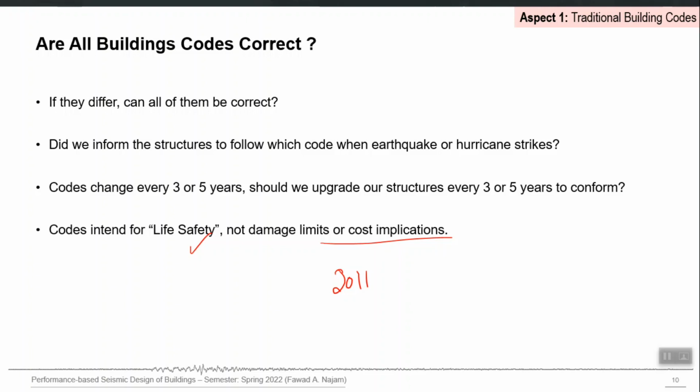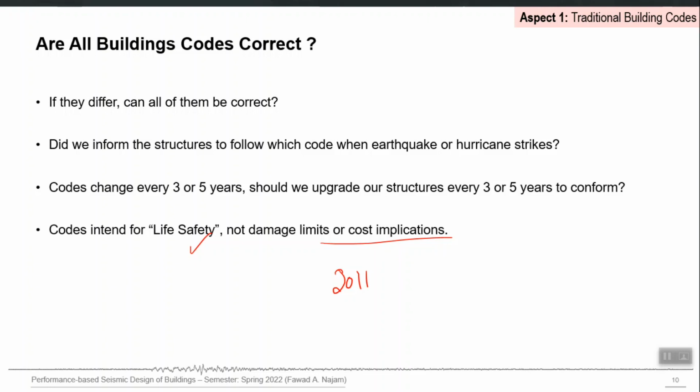And this was a classical example when people actually experienced that the intentions of building codes are not always what is required or desired. For example, if I am a real estate developer and I have many high-rise buildings, I will not want my buildings to have downtime for even a few months, right?